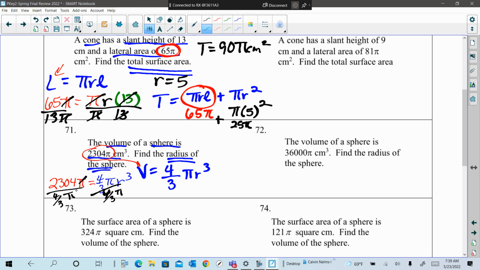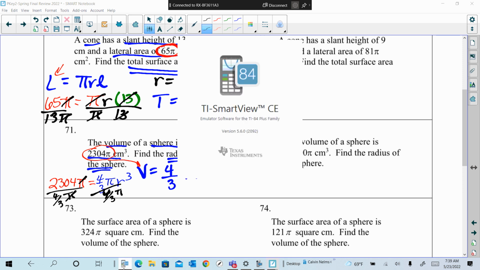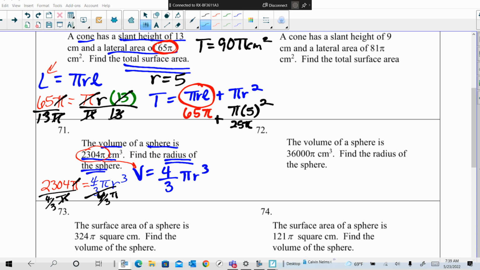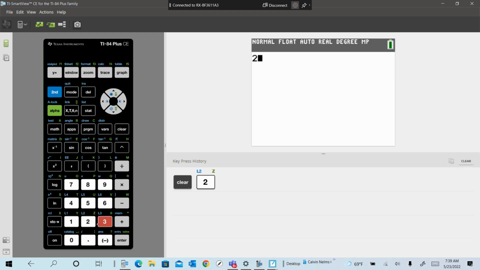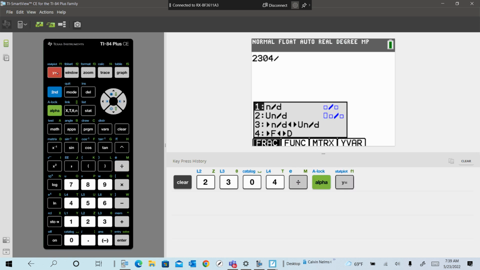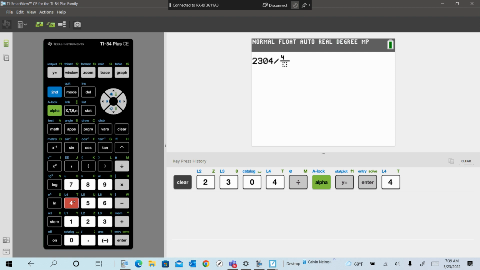Here, my pi's are going to cancel, so all I need to do is put 2,304 divided by 4/3. I need to open my calculator. Or multiply by 3/4. I should have put it in parentheses.